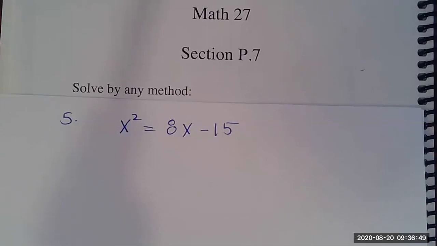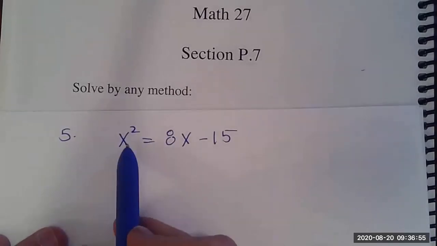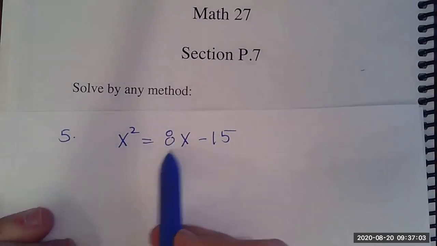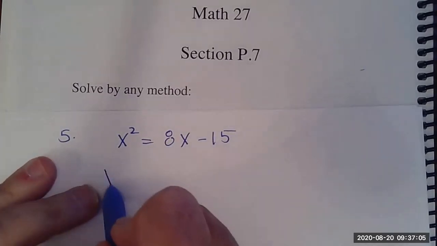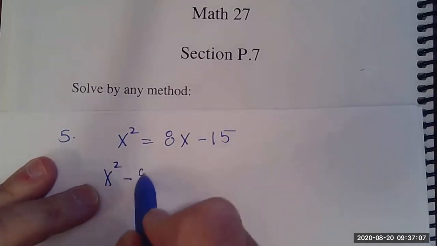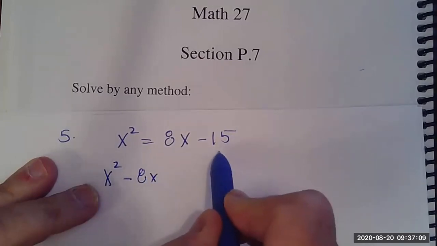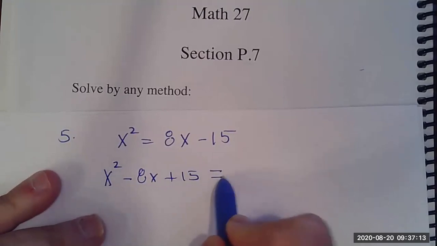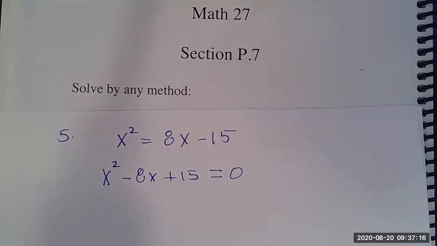You're going to move something to some side. I'm going to suggest you move it to the left-hand side. If you move it to the right-hand side, this becomes negative. It's a little more challenging. Anyway, I'm going to move it to the left-hand side. So x squared subtract 8x, plus 15, and then what's left over here is 0.